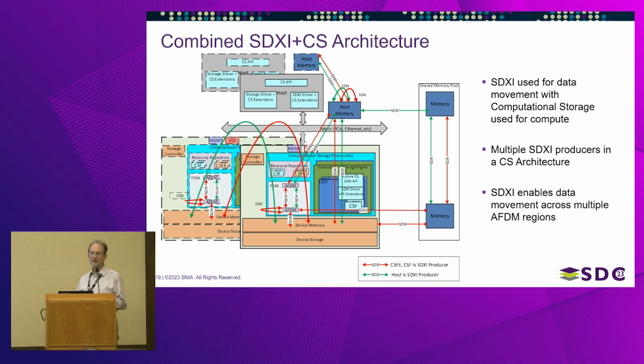Now, one of the things that SDXI brings to this equation is that SDXI allows, as part of its data movement, to do data transformation. So, for example, if you need to decrypt data before you operate on it, then you could move data from one memory location to a different memory location using the SDXI engine and do the decrypt, moving it into, in this case, allocated function data memory.